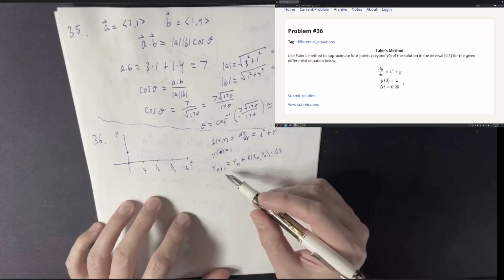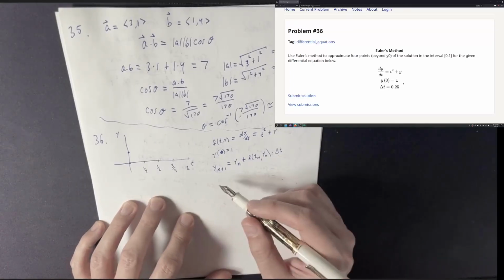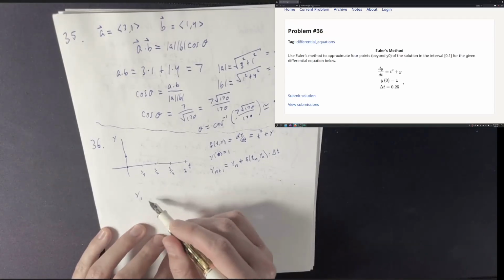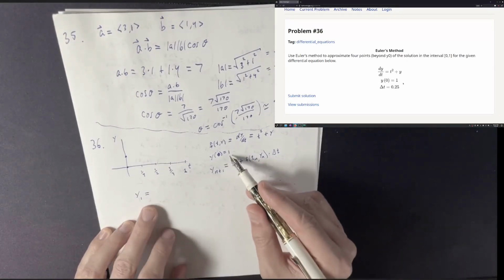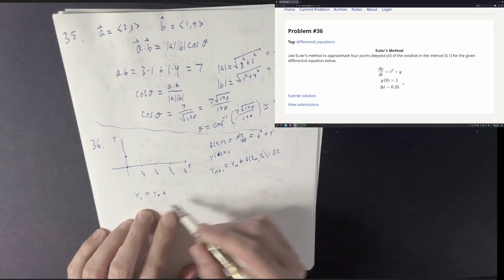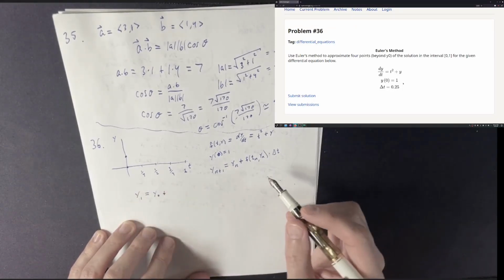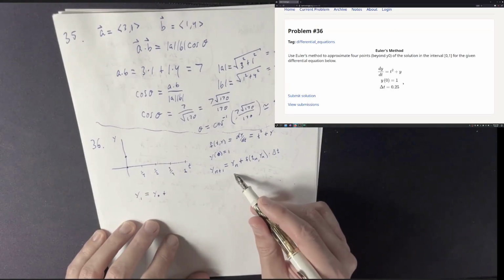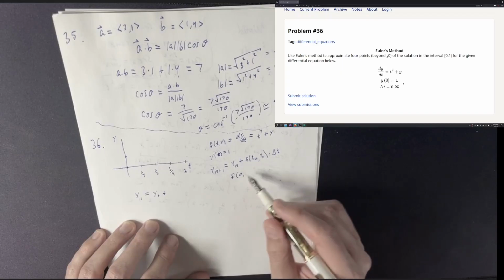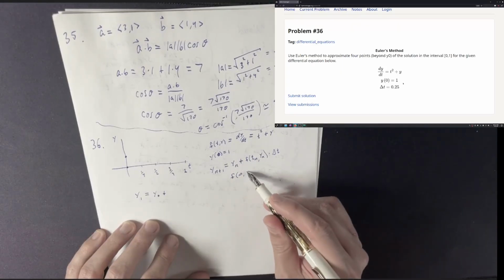So on the first one, to compute y1, we're going to say it's y0, which we called 1, plus some slope. Now it would be nice if I actually wrote it down, right? F of t0 and y0 is 0, comma 1.